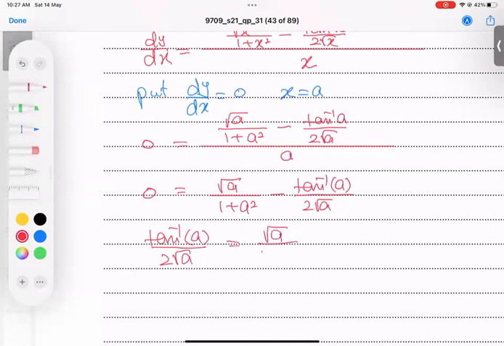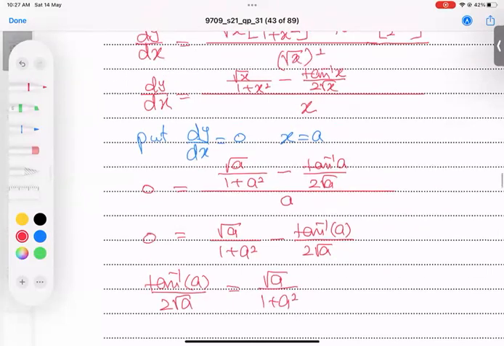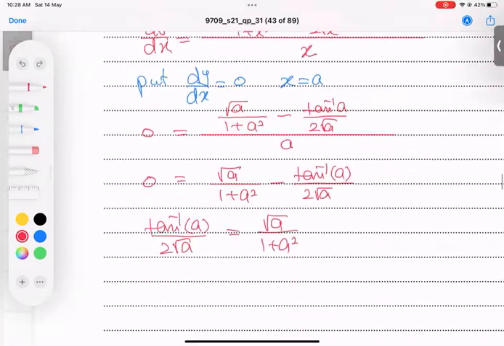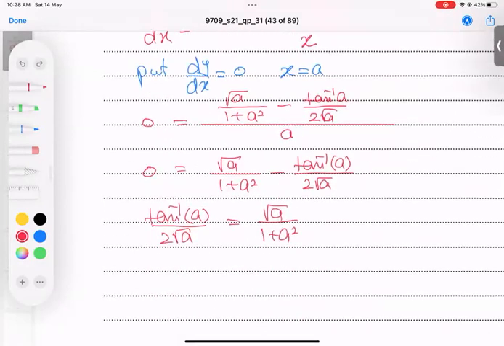So my target is what? To show it. This is my target, and in my target you can see no tan inverse is there. It means I will bring tan inverse to the other end, but no root is even available. So it means cross multiply. So 1 plus a squared comes to the left hand side, or let me check.